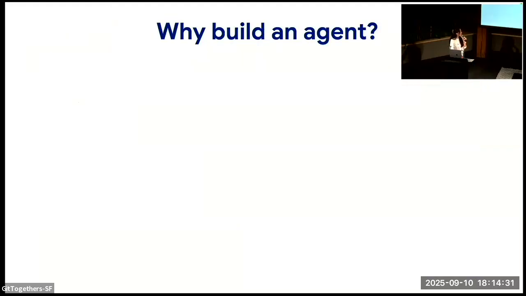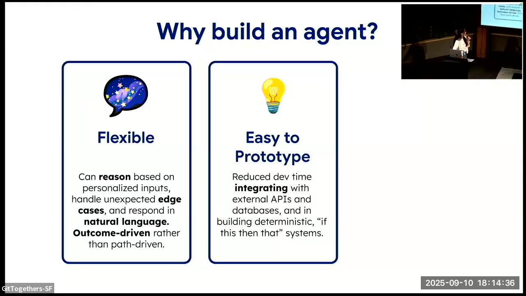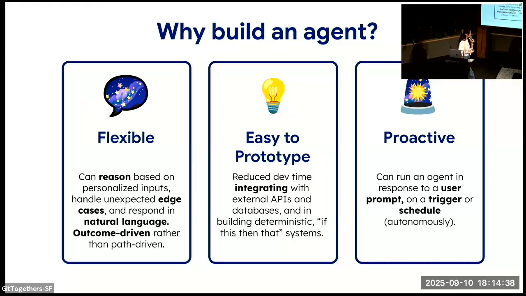Why do we want to build agents? They are very flexible, you can reason, they're easy to prototype, and they're proactive. But nowadays, we're trying to build agents for everything. We're trying to use Gemini for everything. So oftentimes, you need to really think about whether it makes sense to build an agent for it. Sometimes you can simply use a model to solve it.